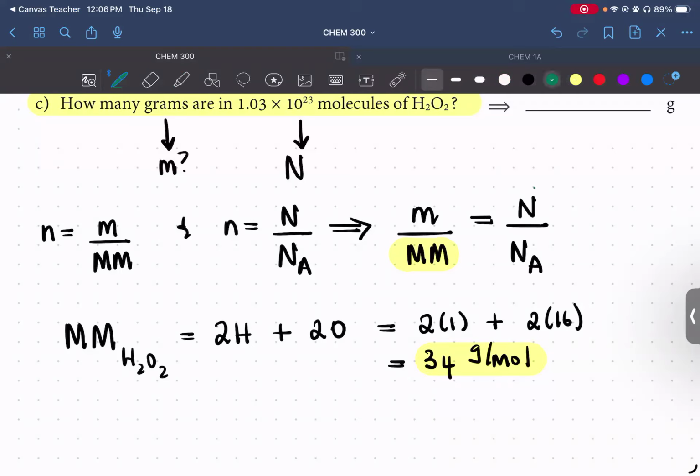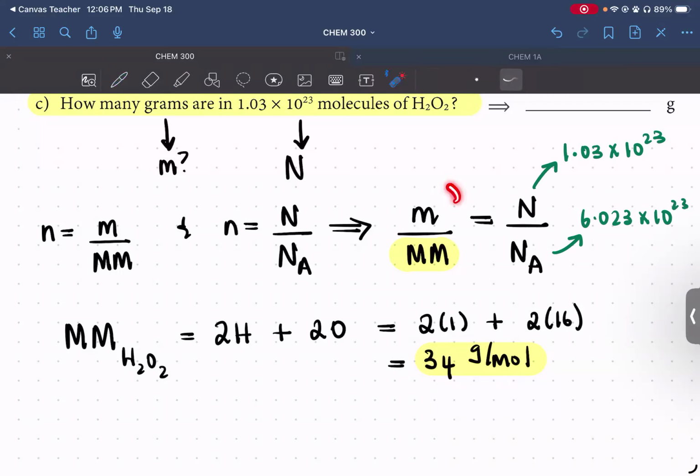We know from the question that the number of molecules is 1.03 times 10 to the 23. We know Avogadro's number, that's a constant, 6.023 times 10 to the 23.